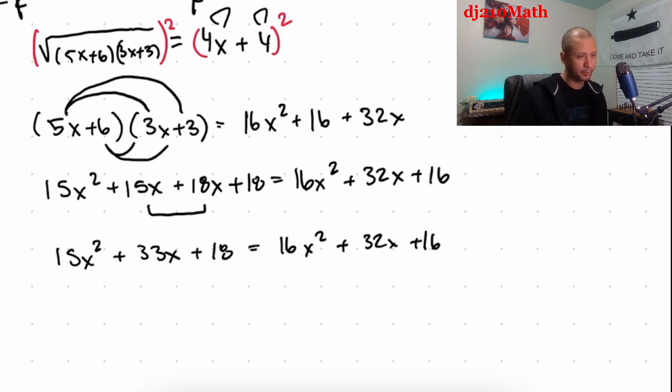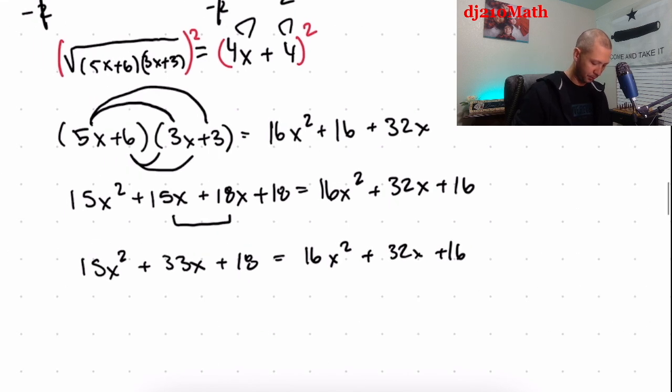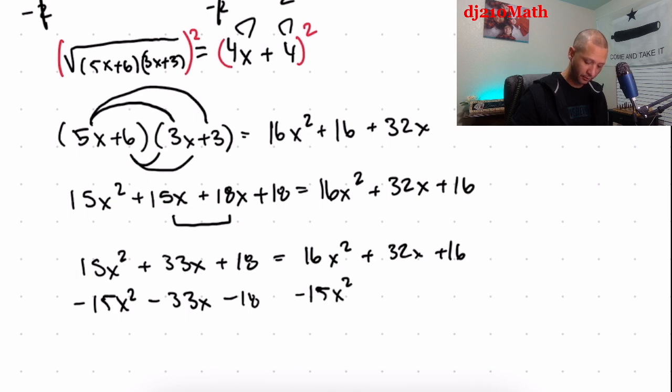Okay, I'm going to move everything to the right. So minus 15x squared, actually it's going to be minus 33x minus 18. I'm going to do this to both sides. So minus 15x squared minus 33x minus 18.